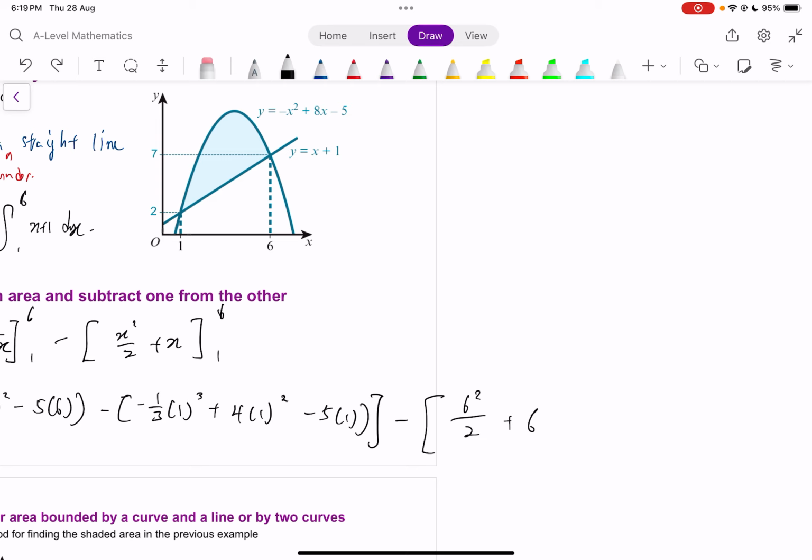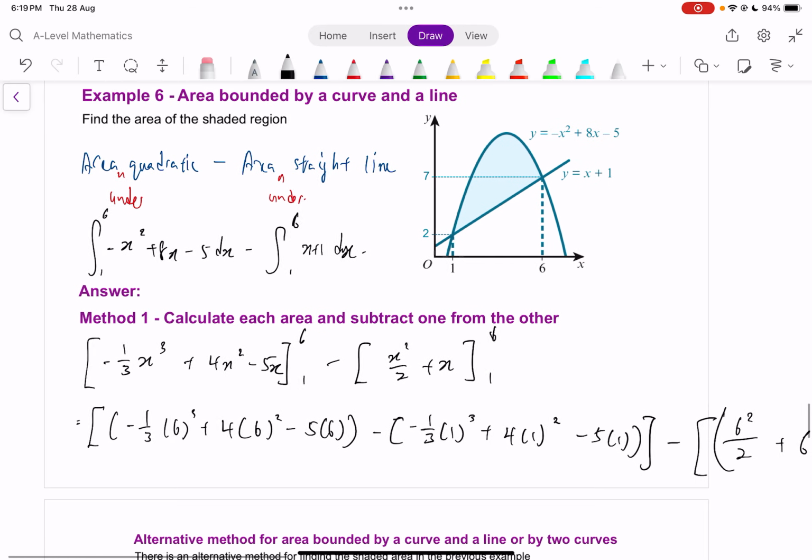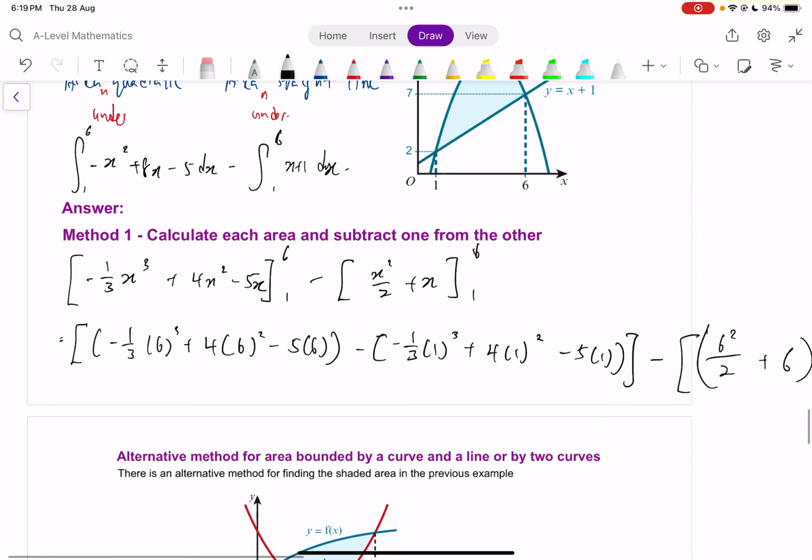Nope, sorry, there should be a bracket. Minus 1 over 2 plus 1. For this kind of integration problem, the difficulty is not in how to do the integration, it is in whether you are sure you got the values correct. So just be really careful.